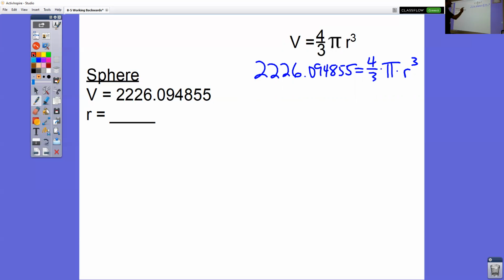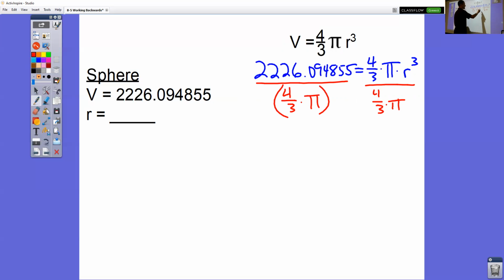Divide by everything except for the letter that you're solving for. So divide by 4/3 times pi, and we need to make sure that those are inside parentheses. Why we divided by 4/3 times pi is because then these 4/3 cancel out, these pi's cancel out. All that we're left with on that right-hand side is r cubed.